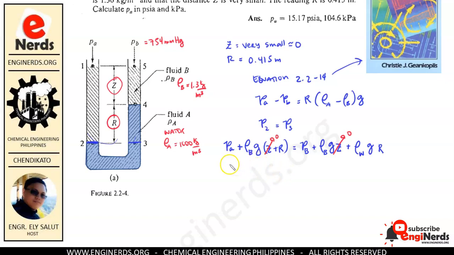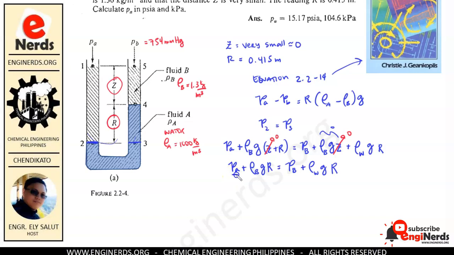Therefore, what remains here is pressure A plus the density of fluid B, G, and R. Because the Z is already equal to 0, this is equal to the pressure B plus this term, which is equal to 0 because our Z is equal to 0. So therefore, this is already equal to 0, and we have only this term: the density of water, acceleration due to gravity, and our R.